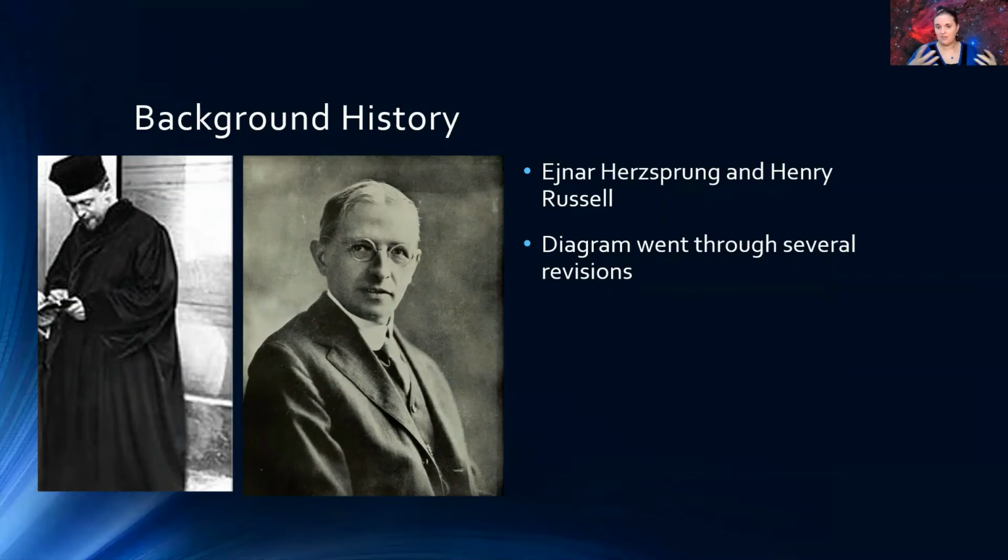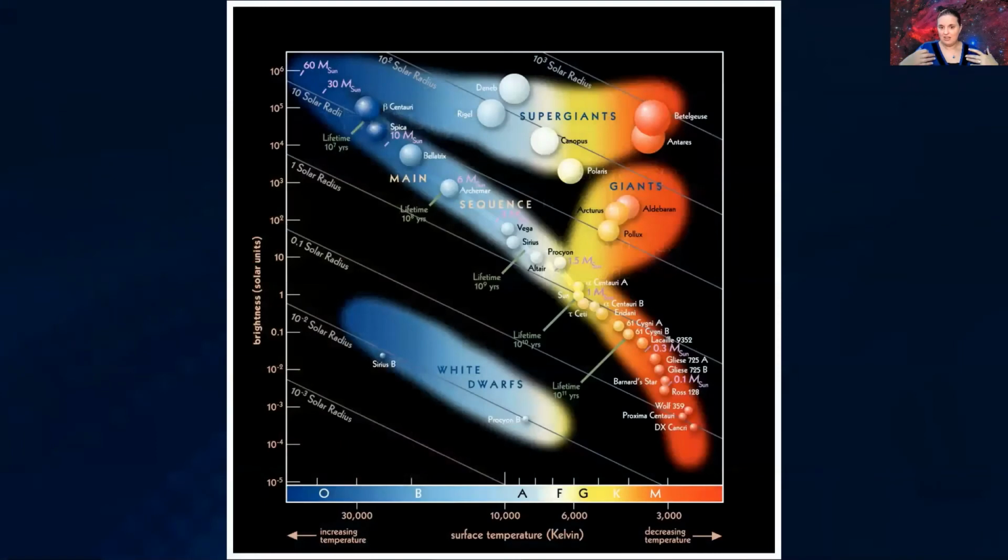Of course, the diagram had to go through several revisions, because in the first couple of diagrams everything was chaotic. There were stars everywhere based upon different aspects. But as they fine-tuned it and tried different axes, they noticed certain patterns started to appear. And today, this is the HR diagram that we know of.